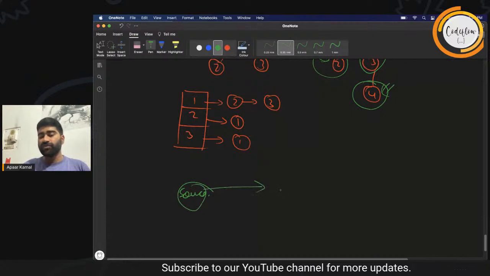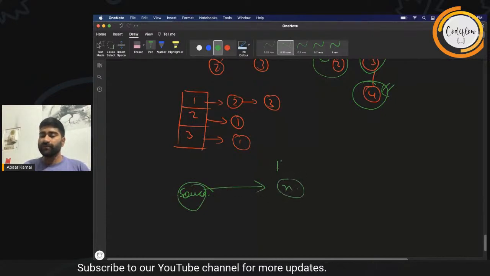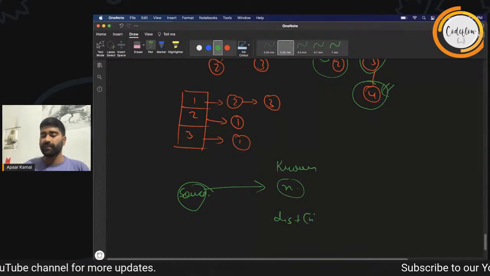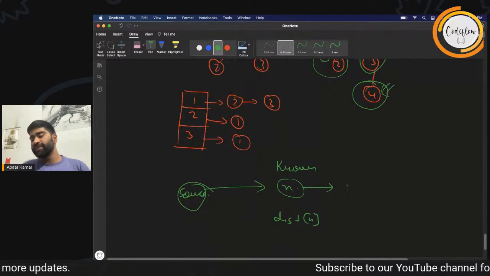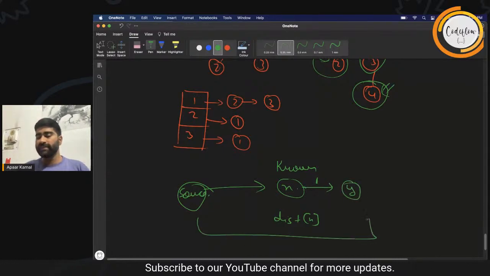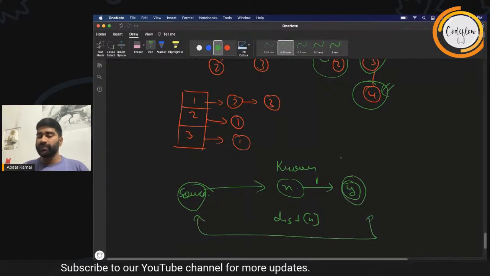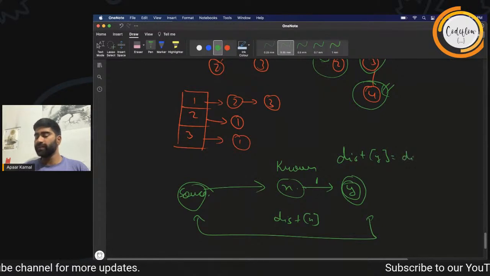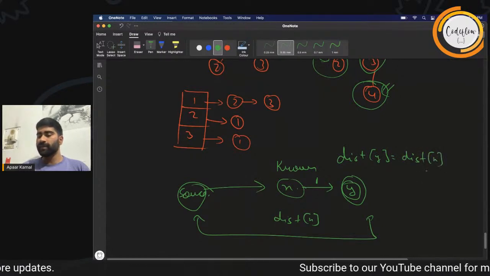From the source node, the distance to x is known, which is distance of x, right? From x I'm going to its child, let's say y, and I know the distance is 1 here. So what is the total distance, guys, of y? So distance of y will be equal to distance of x plus 1.